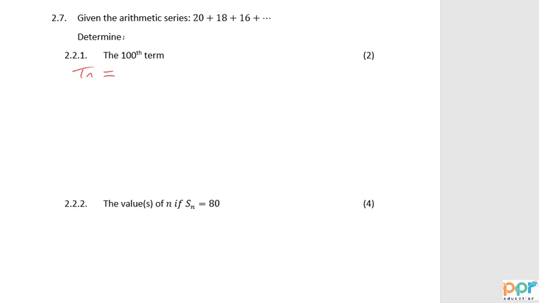They want the nth term, not the sum. So it's a plus n minus 1 multiplied by the constant difference. Now, the 100th term is equal to the first term, which is 20, plus n, the term we want, is 100, minus 1, and the common difference for this series, if we say 18 minus 20, we get negative 2.